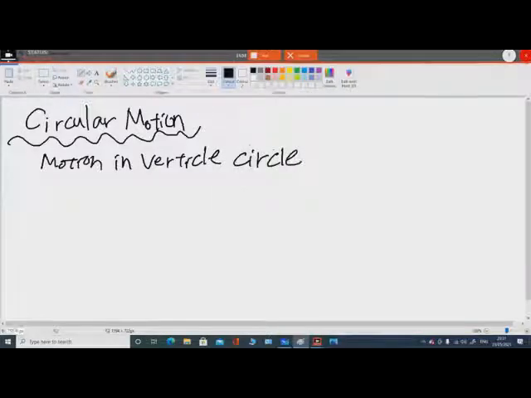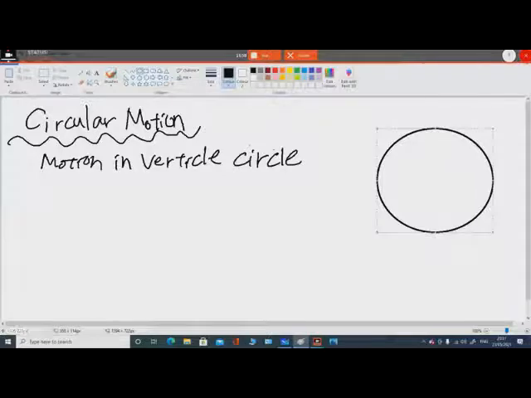Okay, so let's say we have another circle here. This will be our string again. At the end of the string, we tie an object which has a mass denoted as m. So we have a weight mg.